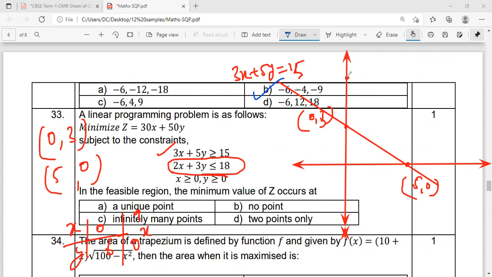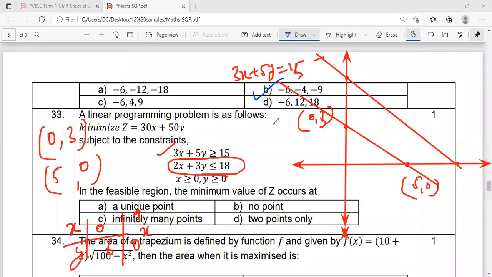And then I have (9, 0), if y is 0, x is 9, somewhere here. So passing through these 2 points also, we can draw a line. This should look like this. Now it's somewhat like that, but okay. Using a scale, we can draw a line that will pass like this.